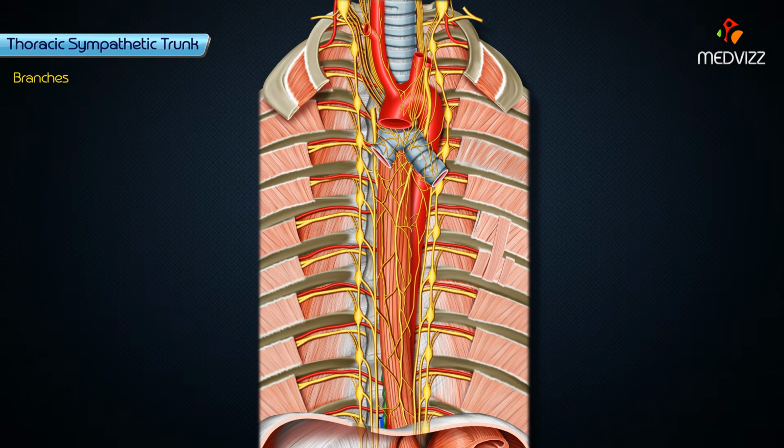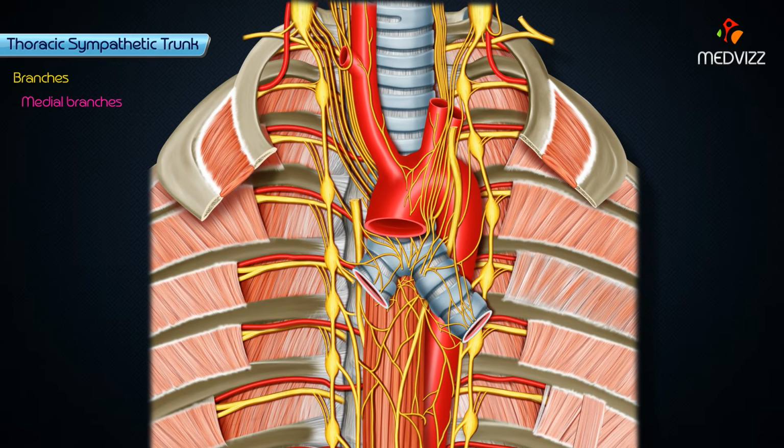Branches. The branches of the thoracic sympathetic trunk are divided into two groups, medial and lateral. Medial branches. The medial branches supply the viscera. They are as follows.